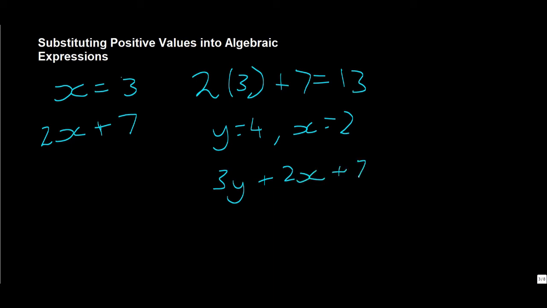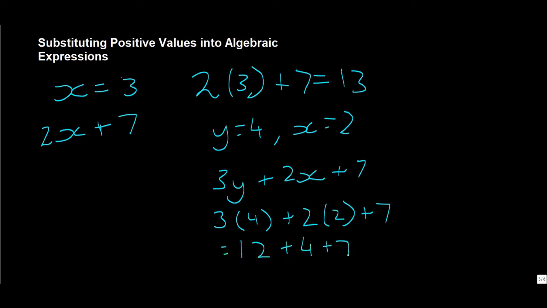What you should have got is 3 and then in the bracket 4, plus 2 in the bracket 2, and then plus 7, which is equal to 12 plus 4 plus 7, which is equal to 23. So that's how you substitute positive values into algebraic equations.